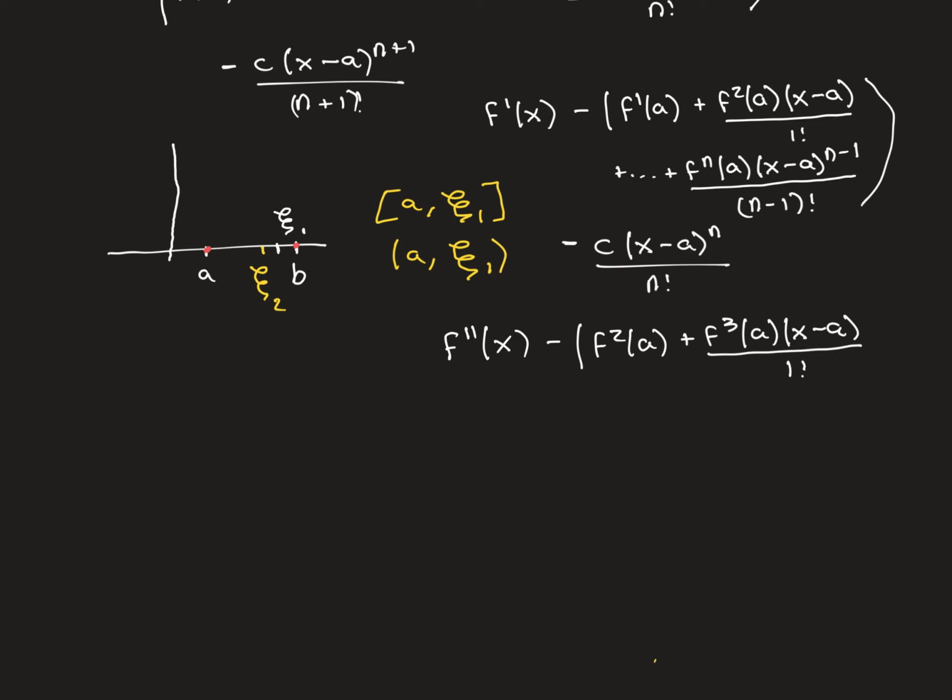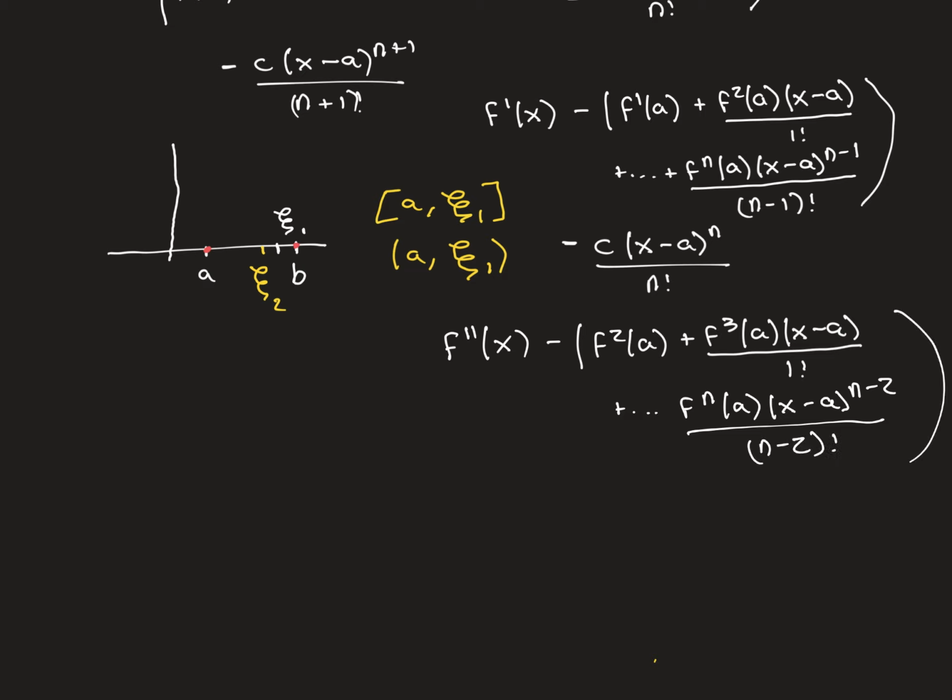Initially it will have had x minus a to the power of 3 up here over 3 factorial, but differentiating it twice, the 3 will have come down and cancelled with the 3 in the 3 factorial, and then the 2 will have come down and cancelled with the 2 in the factorial, so we'll just be left with 1 factorial. Then this will go all the way up to fn evaluated at a times x minus a to the power of n minus 2 over n minus 2 factorial.